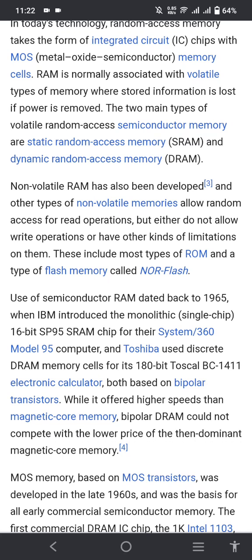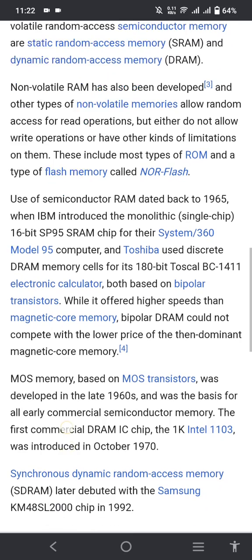Bipolar DRAM could not compete with the lower price of the then dominant magnetic core memory.